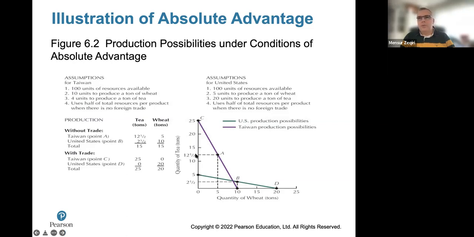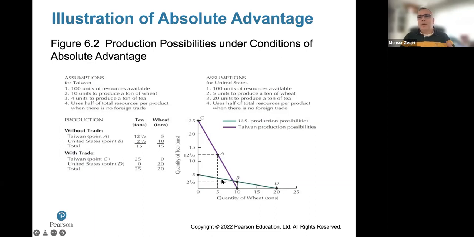And here we assume, as we said, that there is no foreign trade. So with half of the units, Taiwan can produce 12.5 tons of tea, and if you look down here, with only the 50%, they can produce only 5 tons of wheat. This is what they can produce.